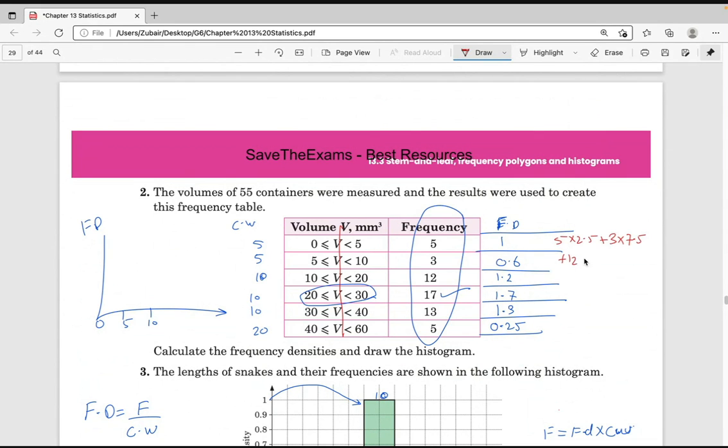Next one is 12 into 15, the middle value.